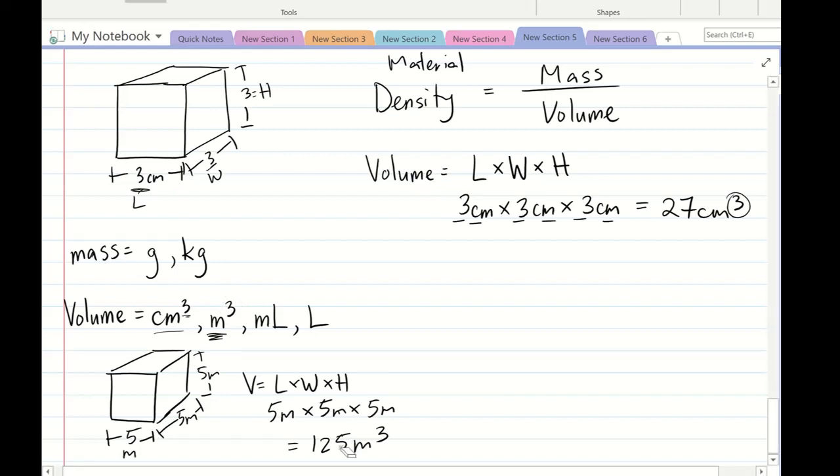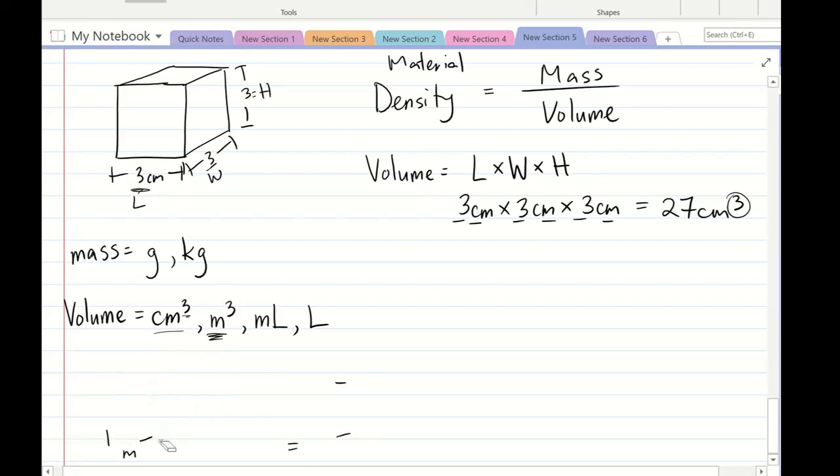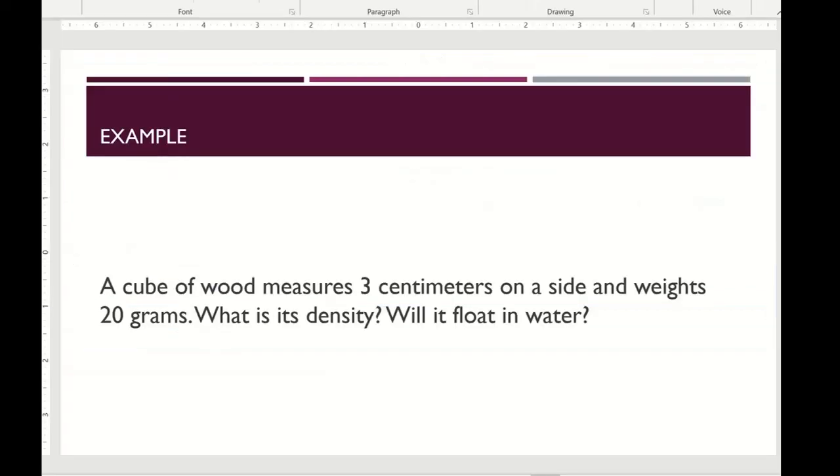All right, so let's go back to our question. We have a cube, 3 centimeters on each side, so we know the volume. The volume goes on the bottom. Volume is equal to 27 cubic centimeters. And we also know the mass.